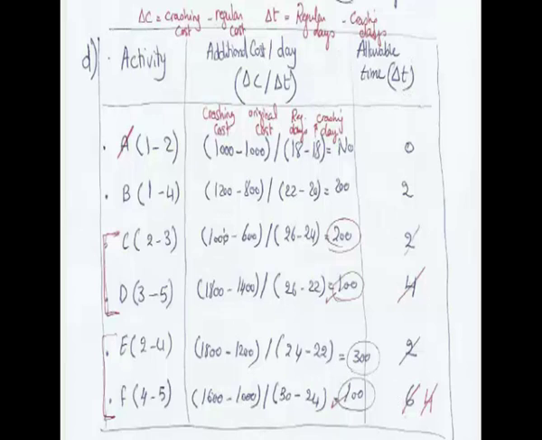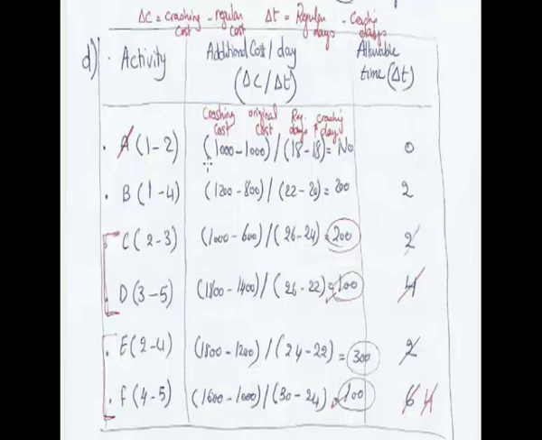How are we going to calculate it? First, the additional cost per day equals the change in the cost divided by the change in the timing. The change in the cost is calculated by deducting the regular cost from the crashing cost. And in order to calculate the change in the time, you deduct the crashing days from the regular days. You can get these values from the first table given in the problem.